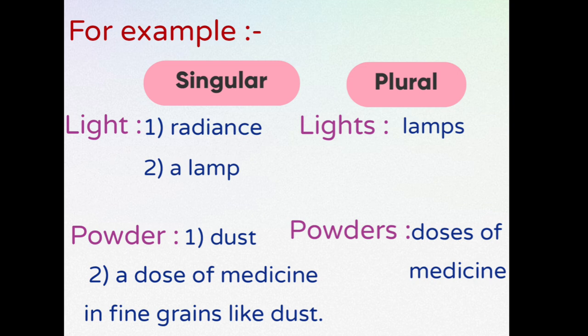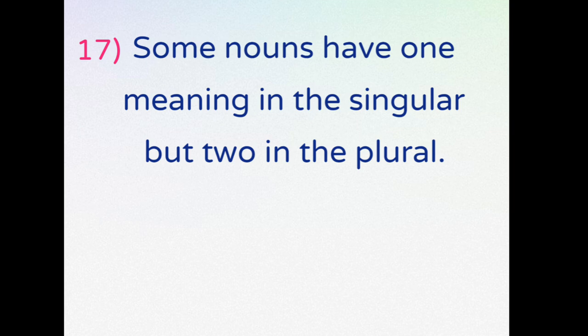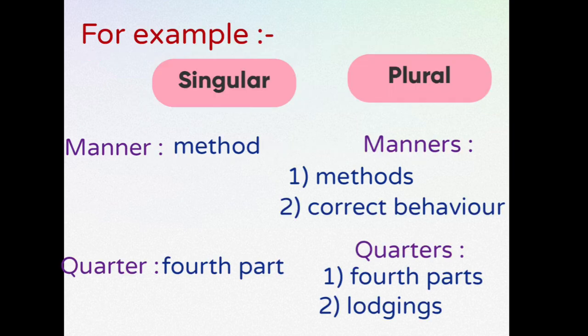Okay, now let's move forward to another rule, that is, some nouns have one meaning in the singular but two in the plural, vice versa of the previous rule. So let's have a look at these examples now. For example, manner has only one meaning in singular, that is method, but two meanings in its plural form, that is manners means either methods or correct behavior.